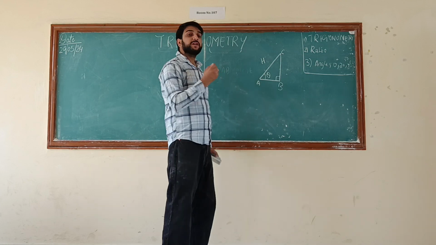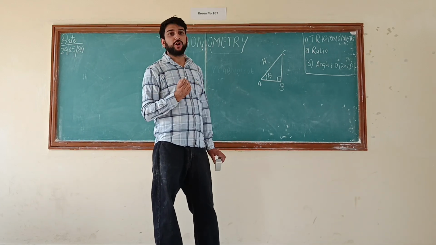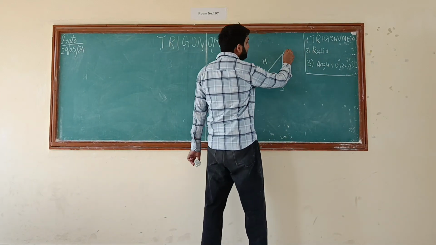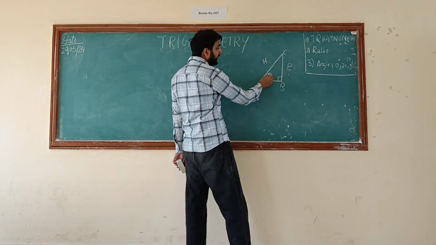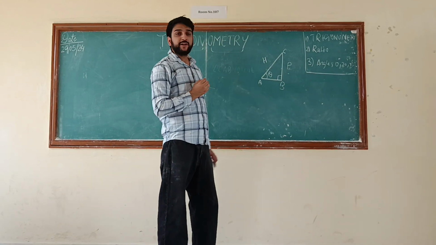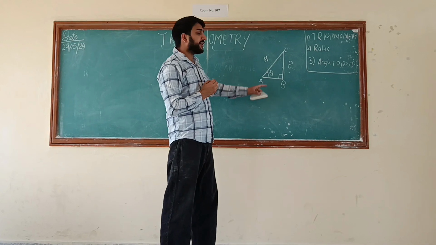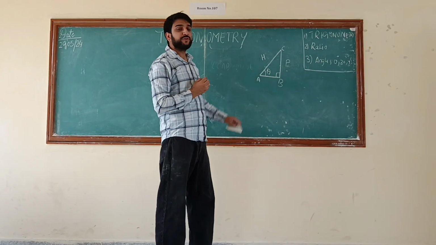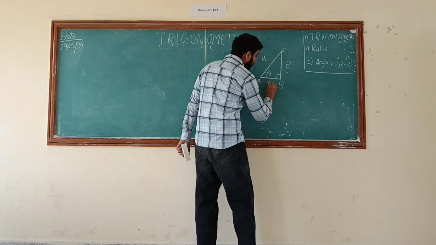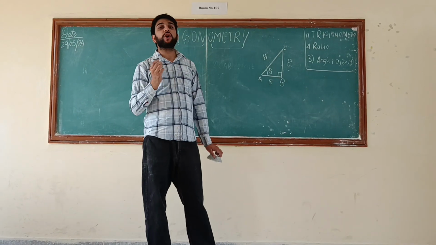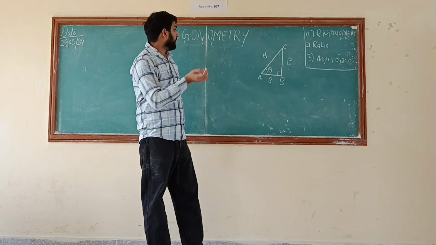We know the side opposite to angle theta is called perpendicular. Here BC is our perpendicular because BC is opposite to angle theta. Adjacent to angle theta, we have two adjacent sides. Here hypotenuse is fixed, so base is our AB side. But perpendicular and base are not fixed in the right angle triangle.